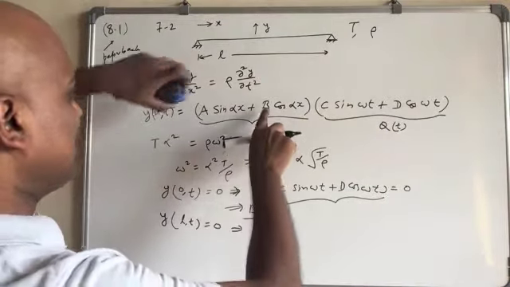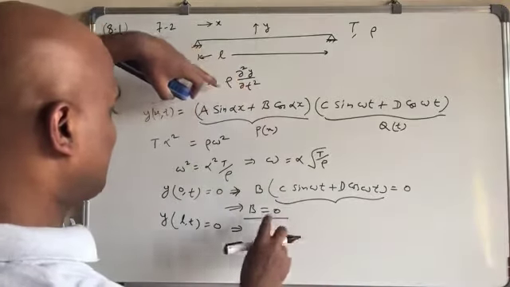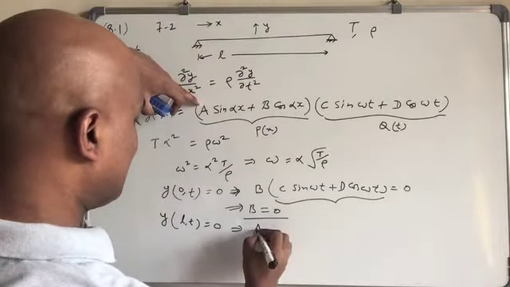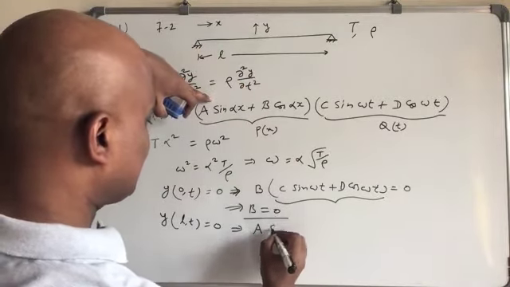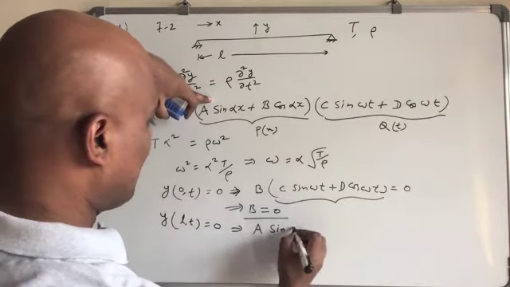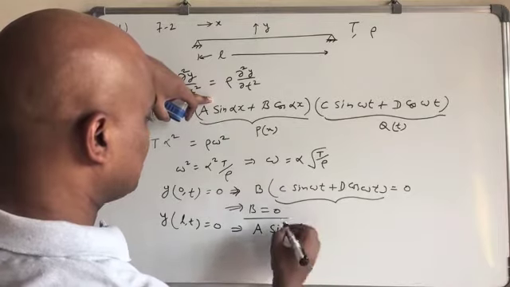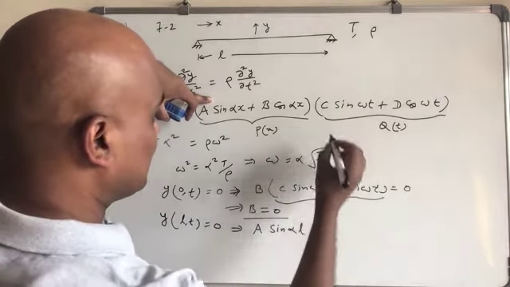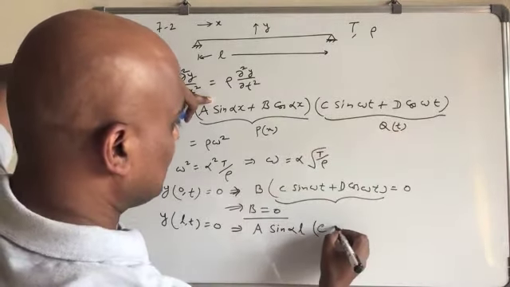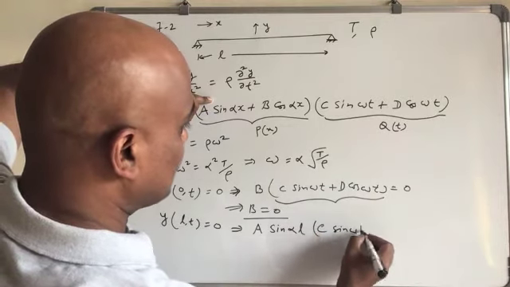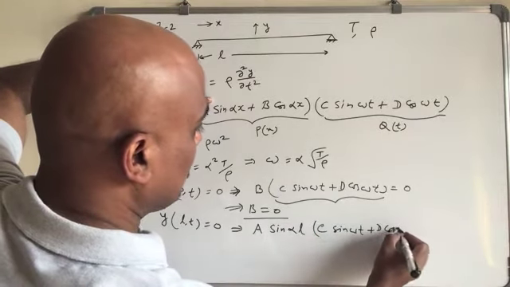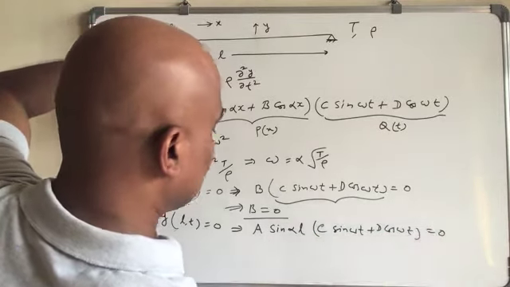With b equal to 0, we have simply a sine alpha L multiplied by c sine omega t plus d cos omega t equal to 0.